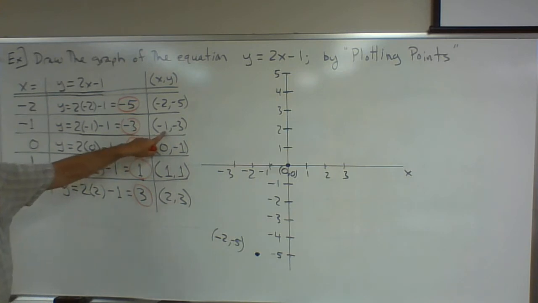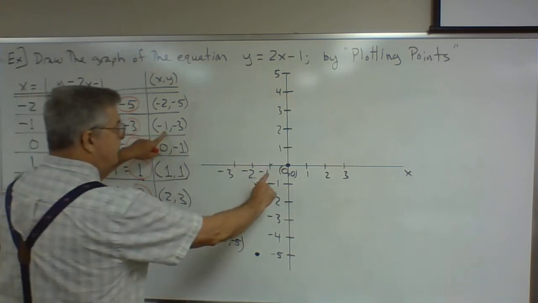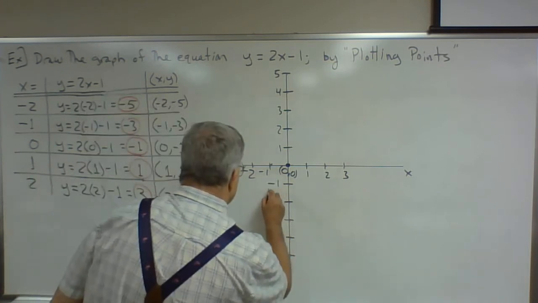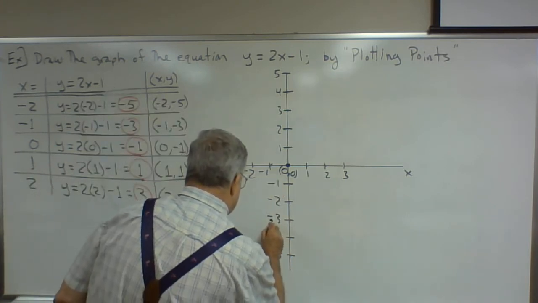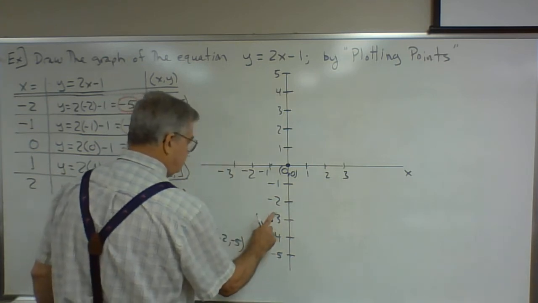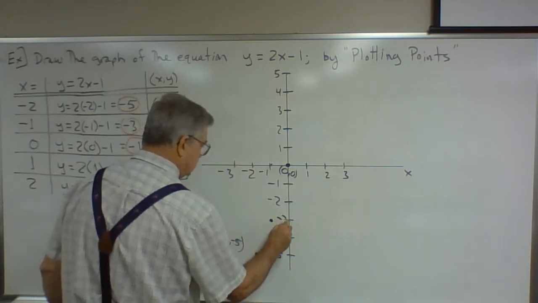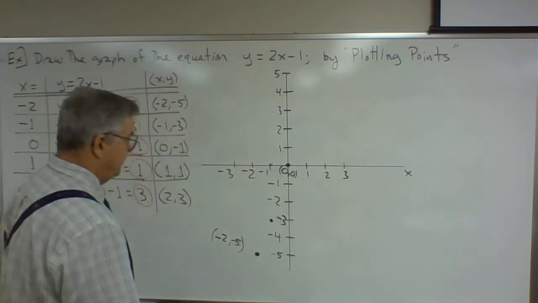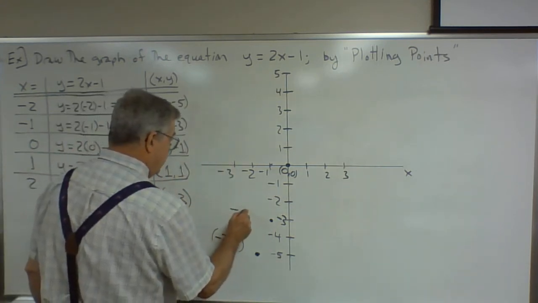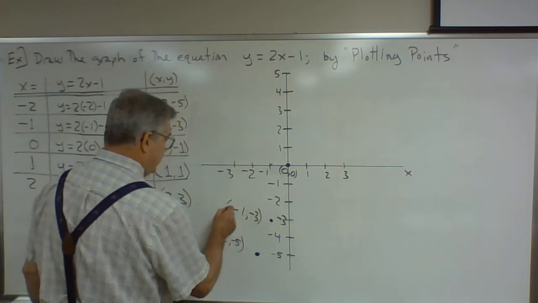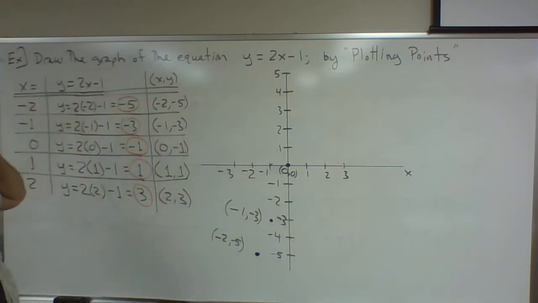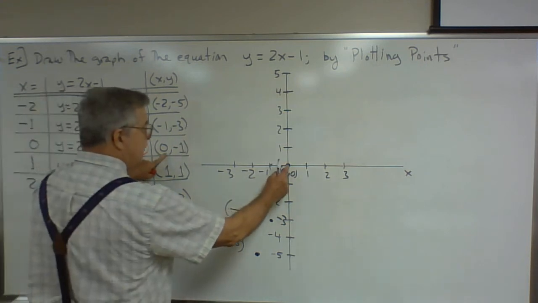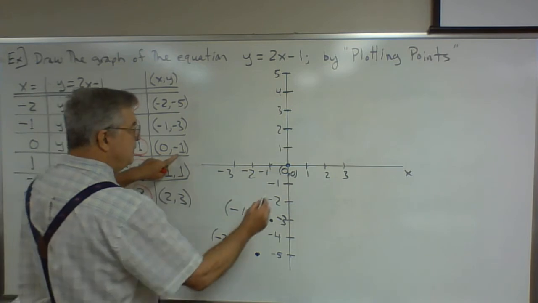Let's plot this point. X equals negative 1, y equals negative 3. And is that, yeah, that looks good. Negative 1, negative 3. That's a point on the graph. X equals 0, y equals negative 1.